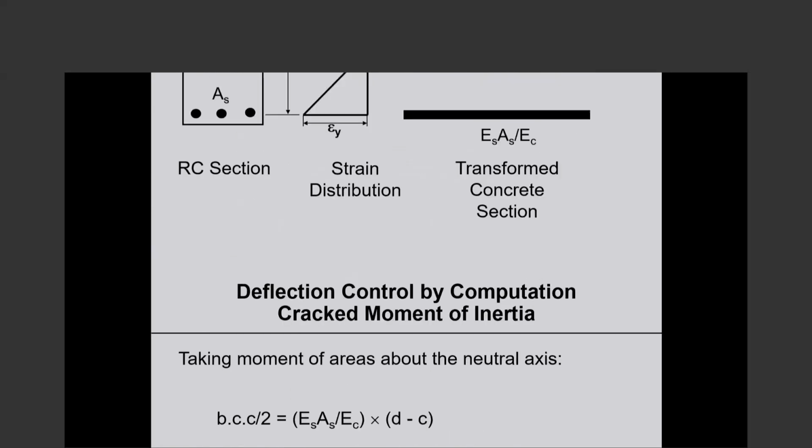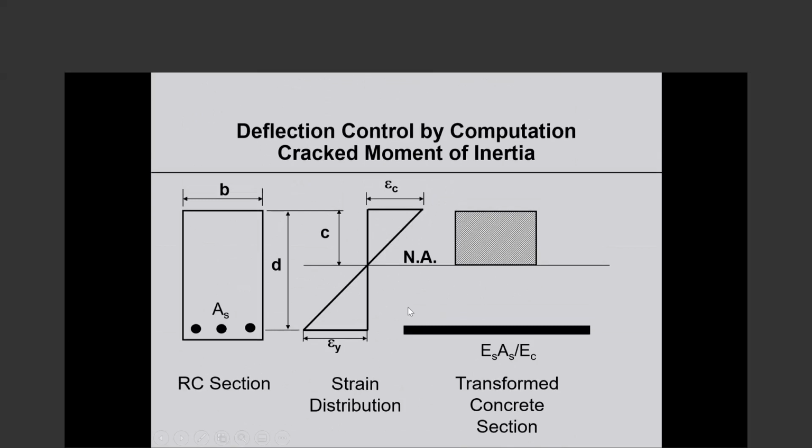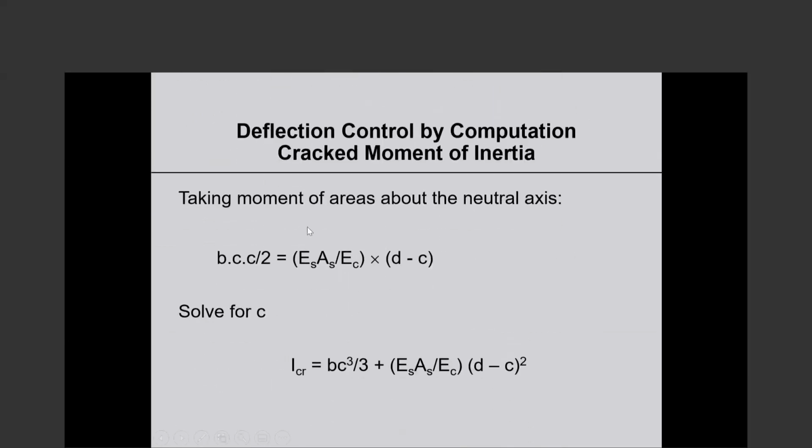So as it says here, by taking moment of areas above the neutral axis, we can write this expression, and solving for it, we can find the neutral axis depth. And once we have the neutral axis depth, the cracked moment of inertia from strength of materials comes out to this.